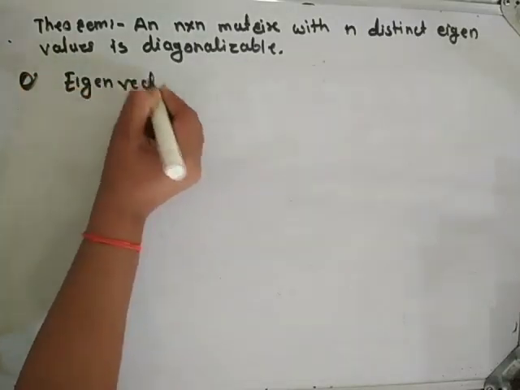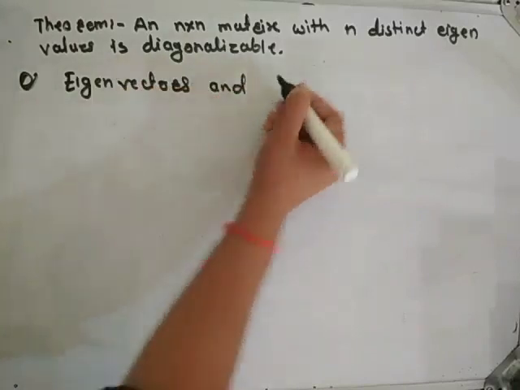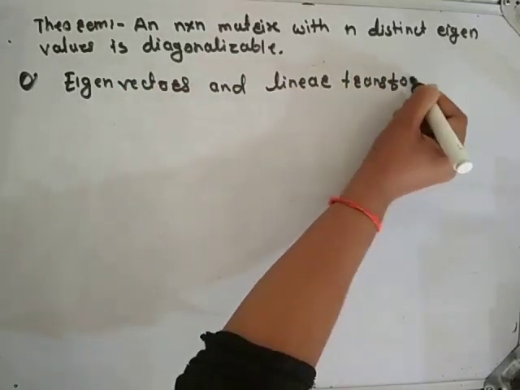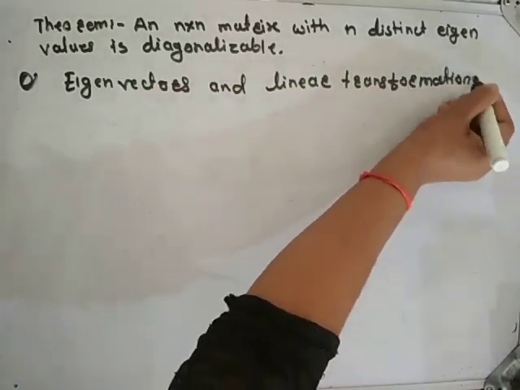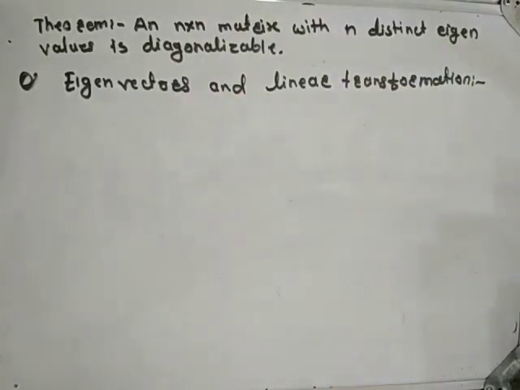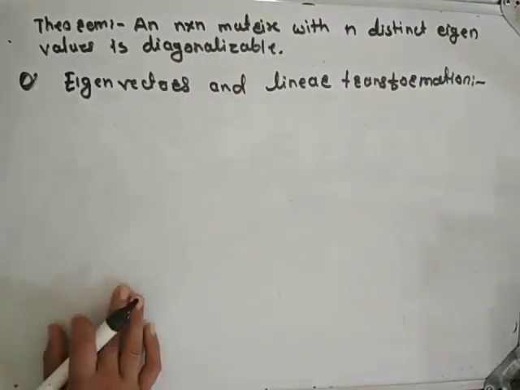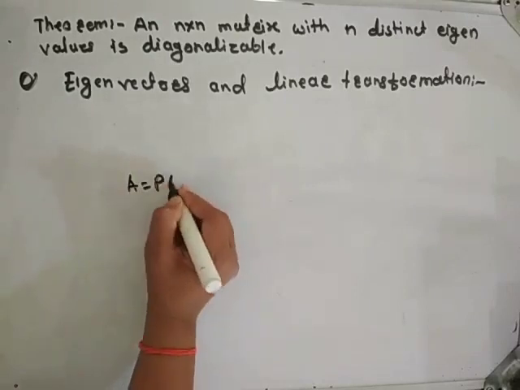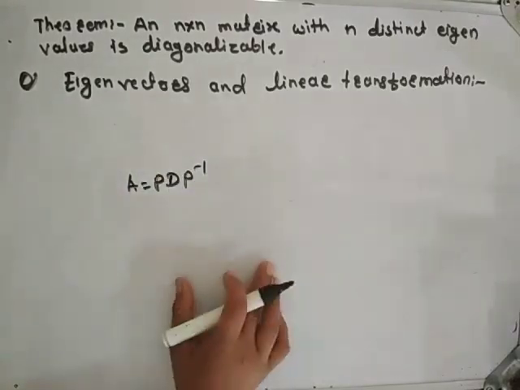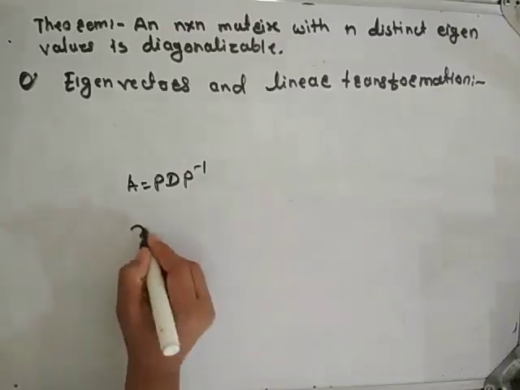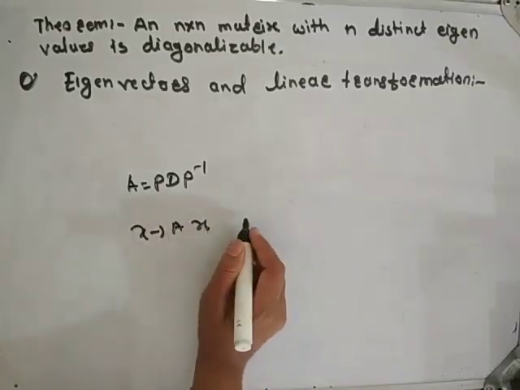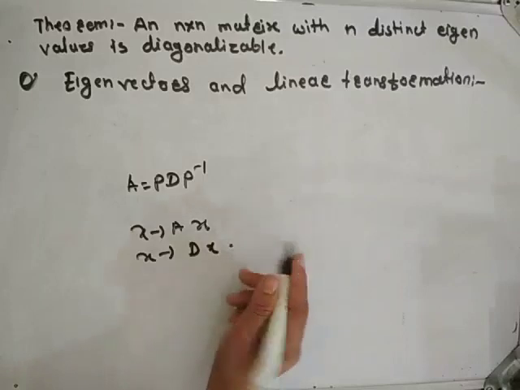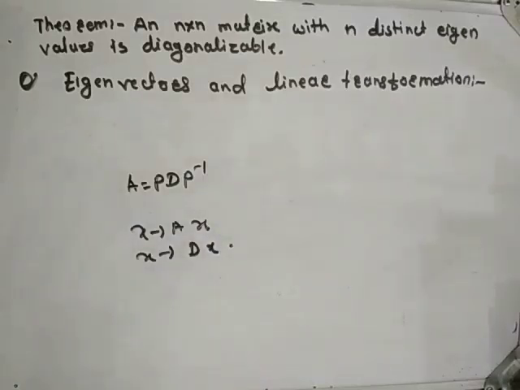Eigenvectors and linear transformation. The square matrix A of order n, written as A equals PDP inverse, is nothing but the matrix factorization of A. The transformation x to Ax is essentially the same as the very simple mapping x to Dx when viewed with a proper perspective.